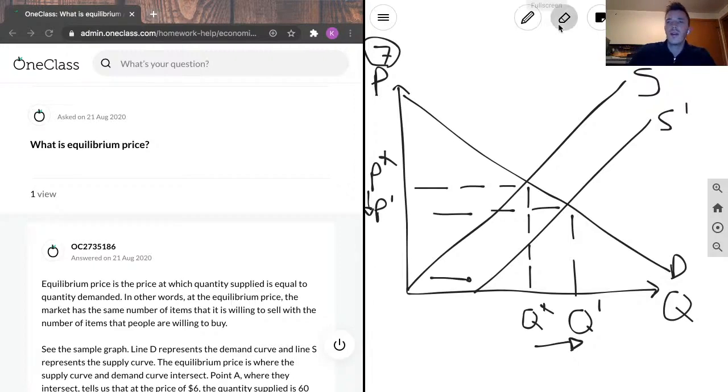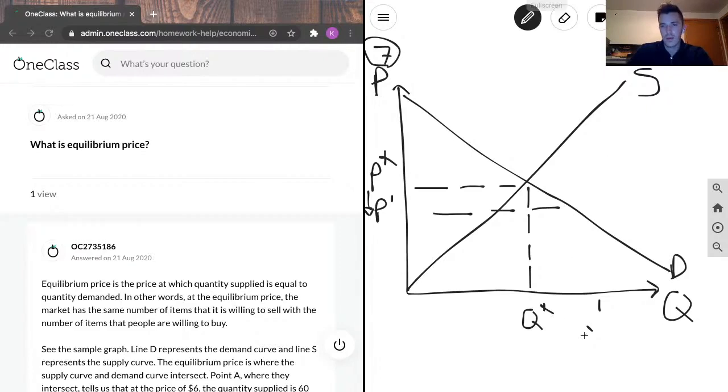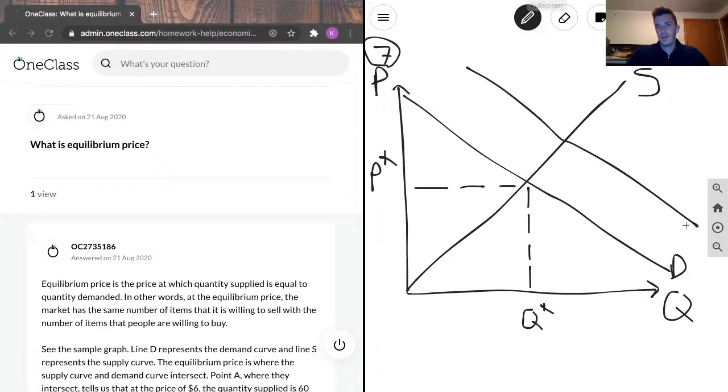Similarly, if I erase that real quick, if demand were to change, we'll say that if demand for a good were to increase, we'll call that D prime. We would see that as a result.